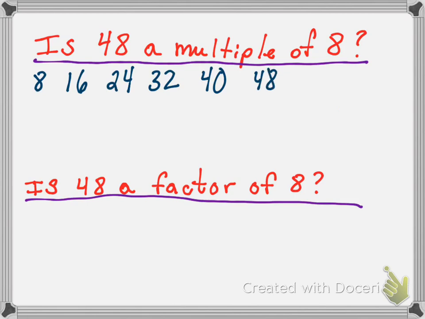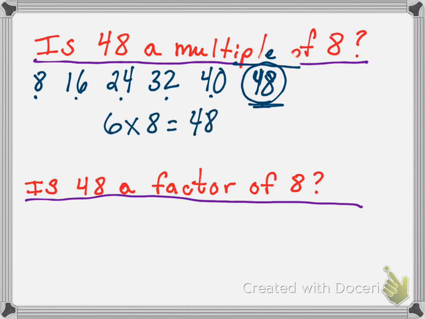And that's where we are going to stop, at 48. And we know that since we're doing multiples of 8, 1, 2, 3, 4, 5, 6, this is the sixth multiple of 8, and we know 6 times 8 is equal to 48.